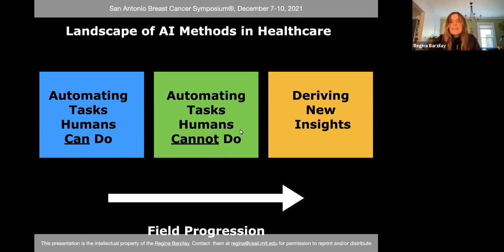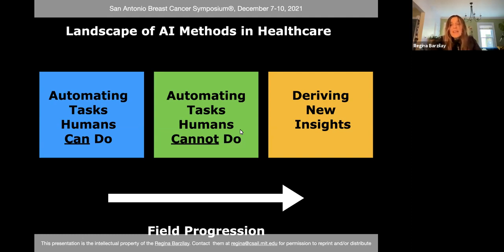The second class of task is actually the most interesting. It's automating tasks that humans cannot do. There are lots of predictions, especially for cancer patients, where we really cannot know what's going to happen to the patient. And the big opportunity here is to train the machine to make this type of predictions.